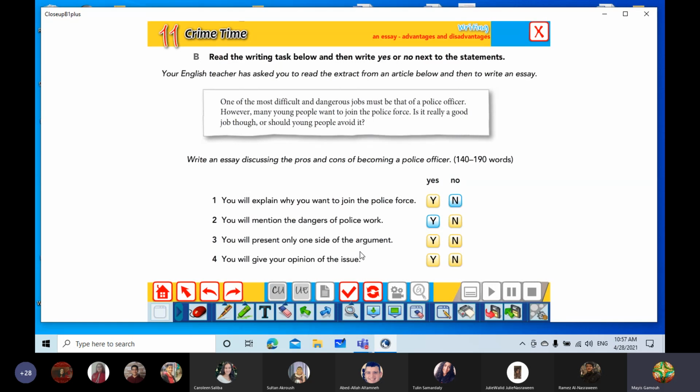No, teacher, we can't make it just one side. We have to mention or present both sides, right, teacher? The advantages and disadvantages.